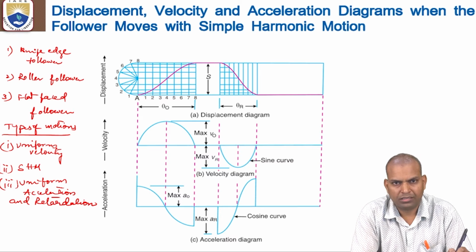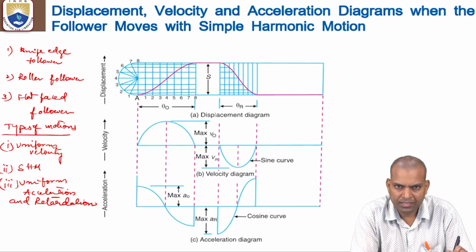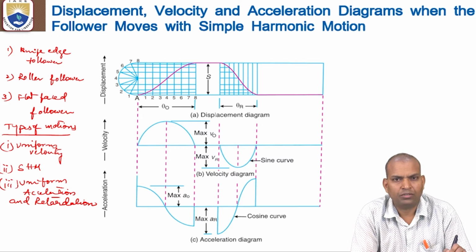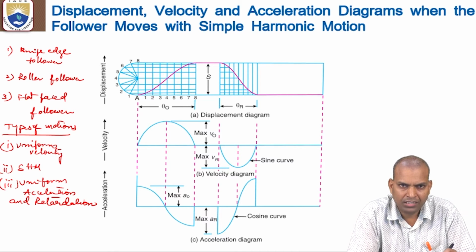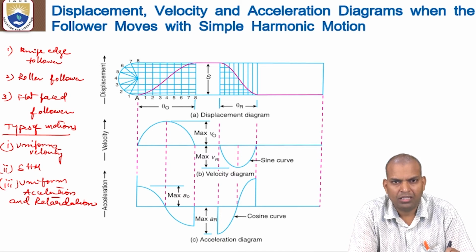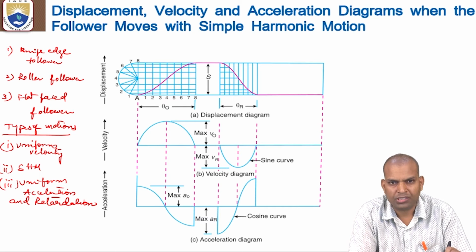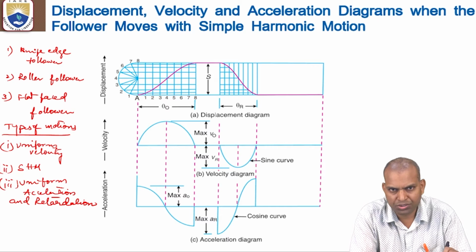Here there are two types of terminologies. The valve remains open for a particular rotation of the cam, and the valve remains closed for a particular rotation of the cam. These terminologies are in relation to the cam. There are other terminologies in relation to the engine: outstroke and return stroke.